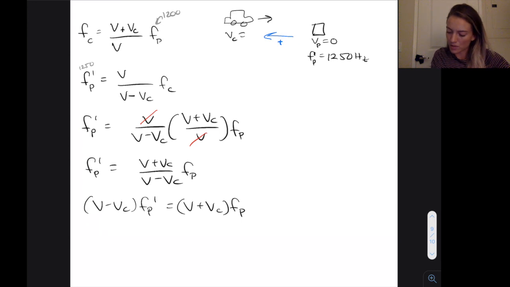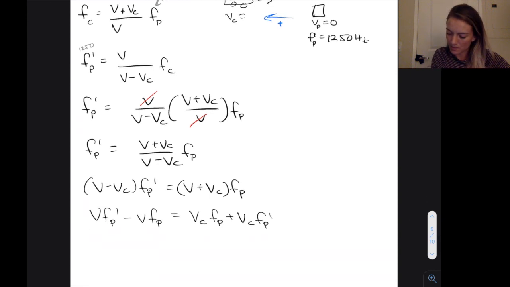Now I'm going to move all the terms with the car to one side and all the terms without the car to the other side. So I'm going to have V FP prime minus V FP, and this will be equal to VC FP plus VC FP prime. Okay, and now I can simplify this.